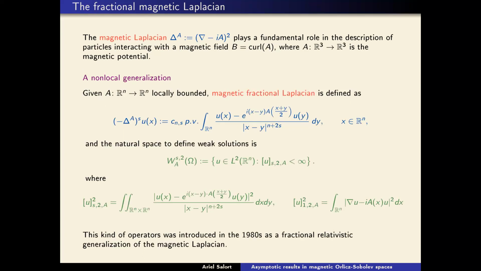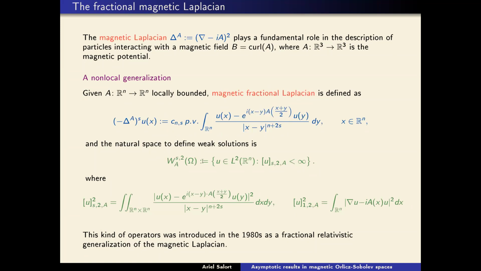Then in the mid-80s, a generalization of the magnetic Laplacian was given to analyze the behavior of relativistic particles which are under the influence of a magnetic field. So the suitable operator to describe the phenomenon is the magnetic fractional Laplacian, which is defined this way. Of course, when A is equal to 0, you recover the fractional Laplacian.